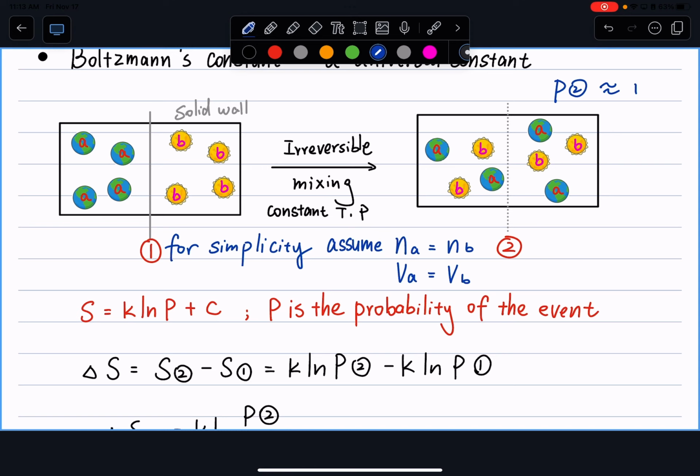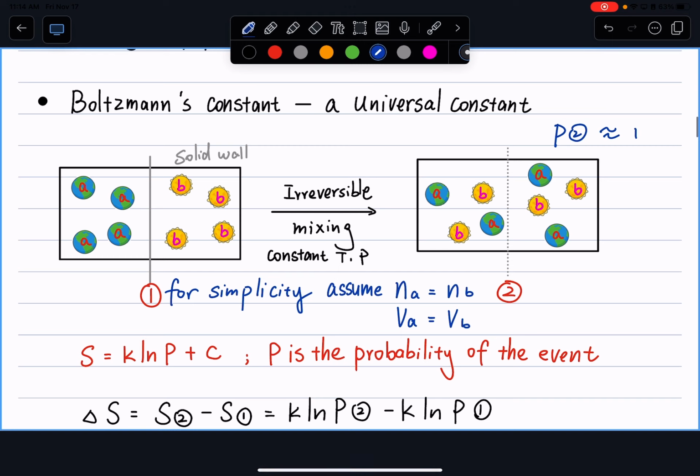And on the left-hand side, that is where probability theory comes into play. Imagine we have N_A particles of A and N_B particles of B. Let's just make our life simpler, though in reality it may not be like this. Here we're just saying that initially the volume and the number of particles A and B are the same. It may not be the same for other applications.